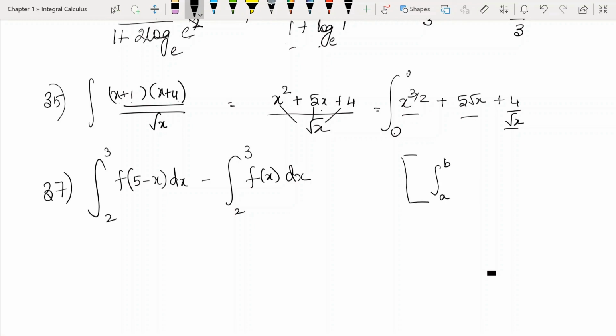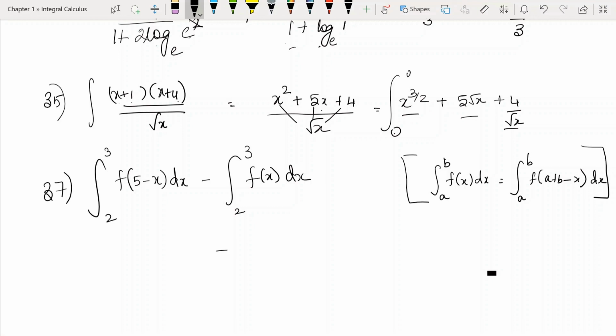Integral a to b f of x dx is also equal to integral a to b f of (a plus b minus x) dx. Okay, so I'm going to apply this property here.